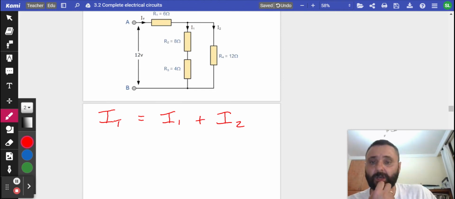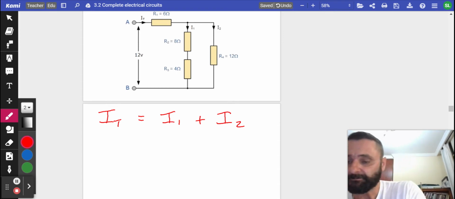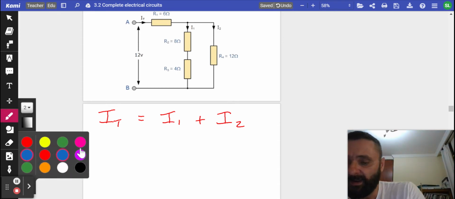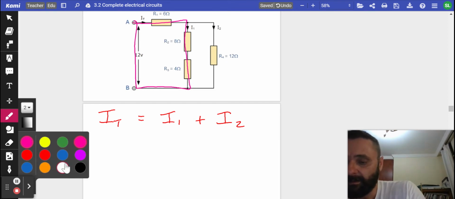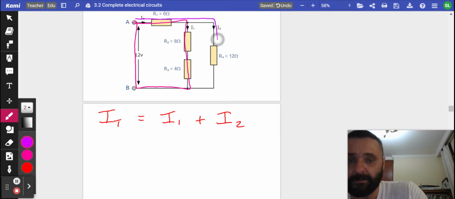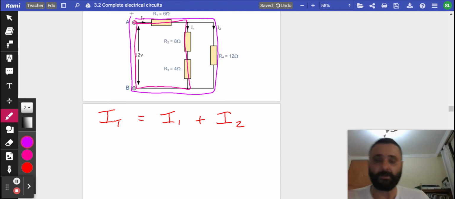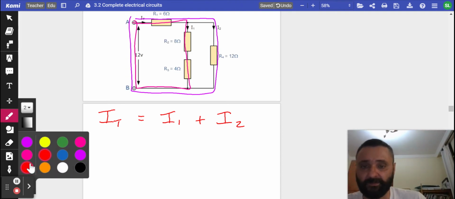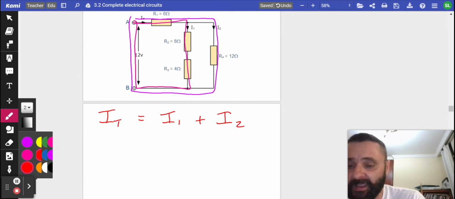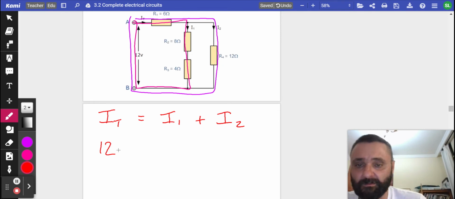There are actually two closed loops we're going to look at. There is closed loop number 1, and there is closed loop number 2. Let's do the first one. The total EMF gain is 12 volts.